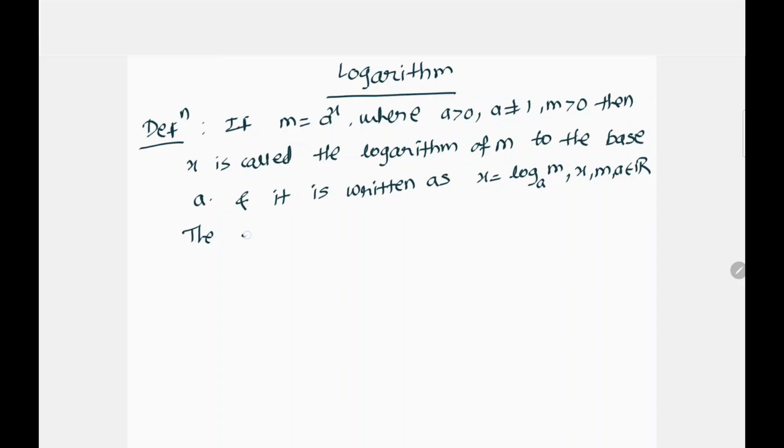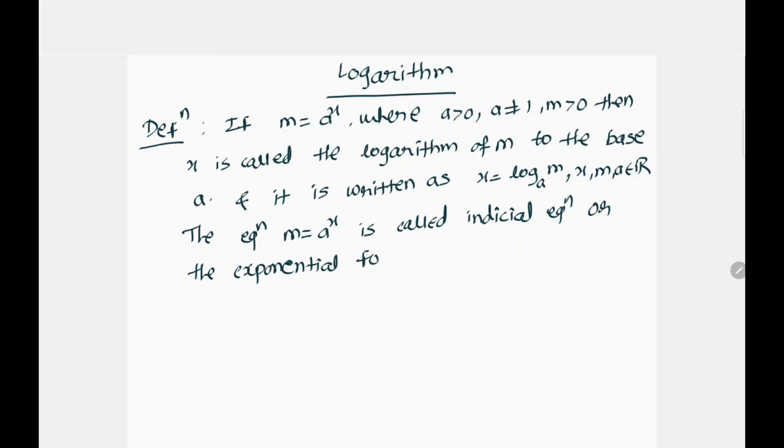The equation m is equal to a raised to x is called the indicial equation or the exponential form or index form, and x is equal to log m to the base a is the logarithmic form.